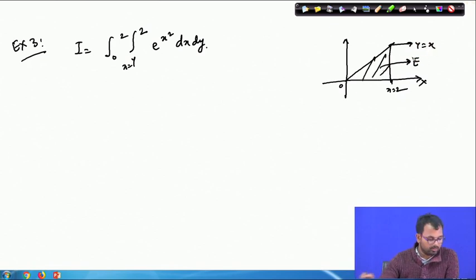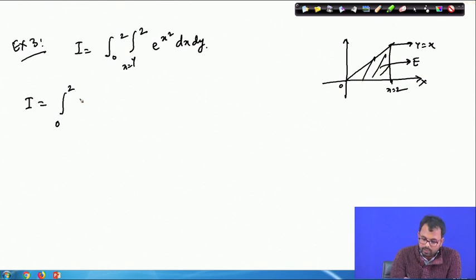So after changing the order of integration, we can write I equals integral with y still varying from 0 to 2, right?